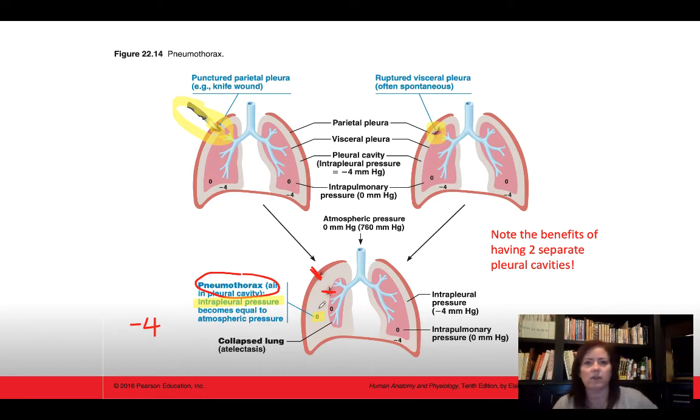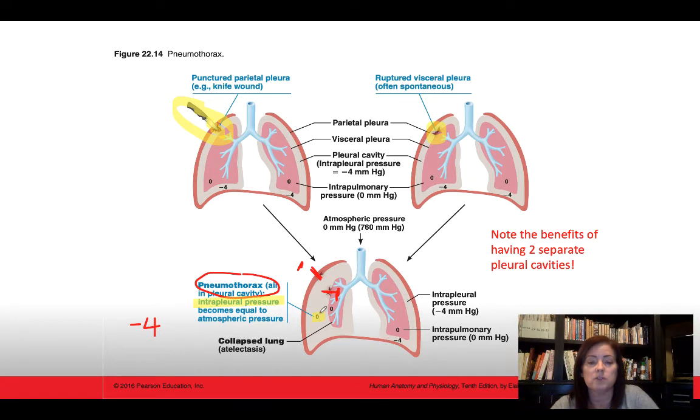Typically there's not air there. Okay, there's fluid to reduce friction, but there's not air. But if we disrupt this membrane here or this membrane here, it gives the pleural cavity a chance to equalize in pressure with either the outside world here or the intrapulmonary pressure here, which is basically equal to the outside as well.